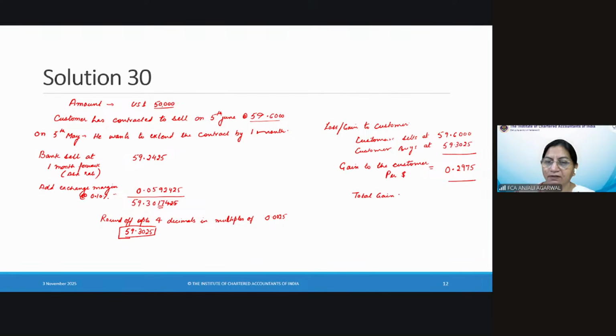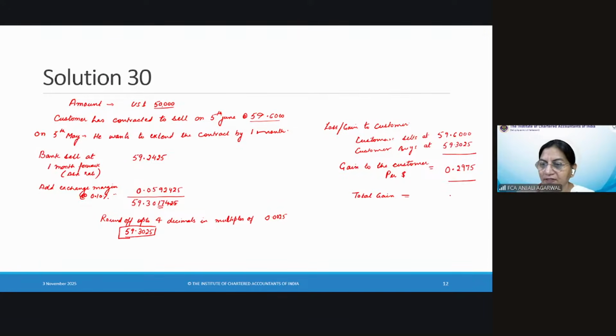Why? Because he has given the notification for the cancellation prior to the due date, not after the due date. $50,000 into 0.2975.